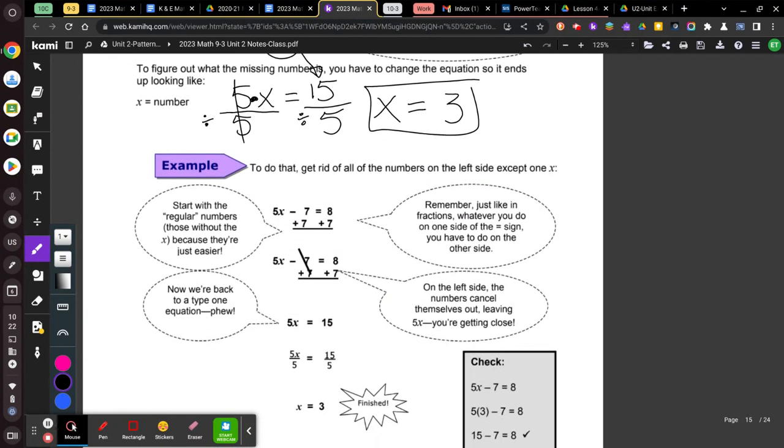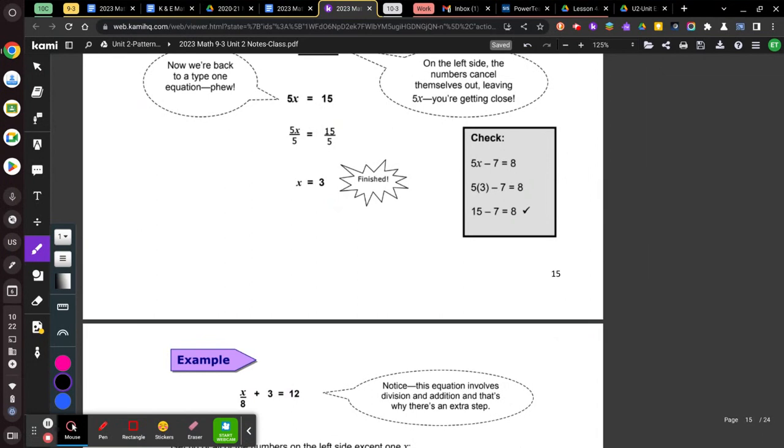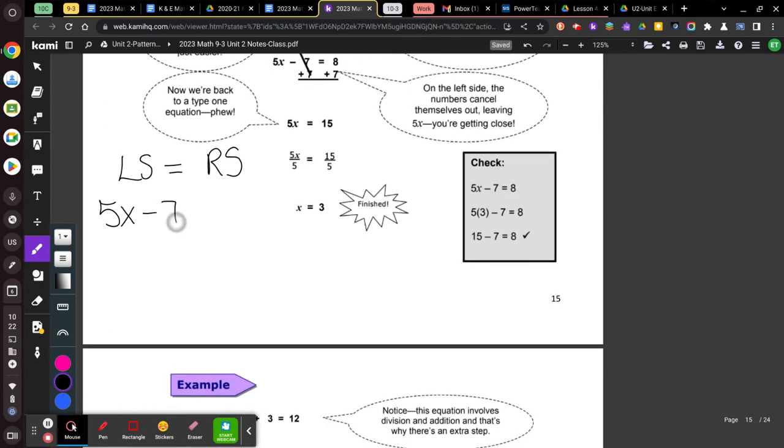They're showing you all of the steps down below. And again, we got to check our work. How do you check your work? You check your left side to be equal to your right side. So you always put the number in for the letter. So I would rewrite my question. 5x subtract 7 equals 8.